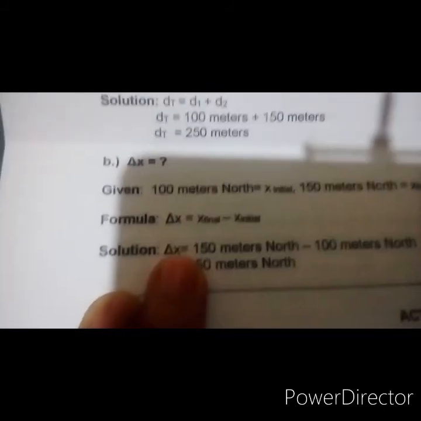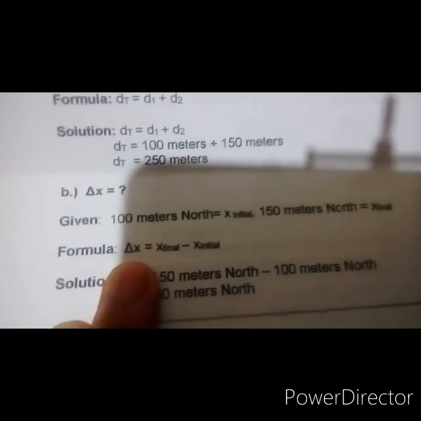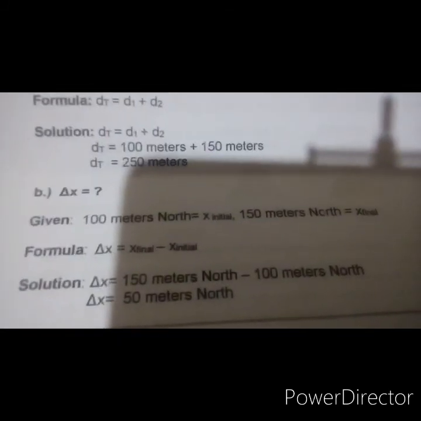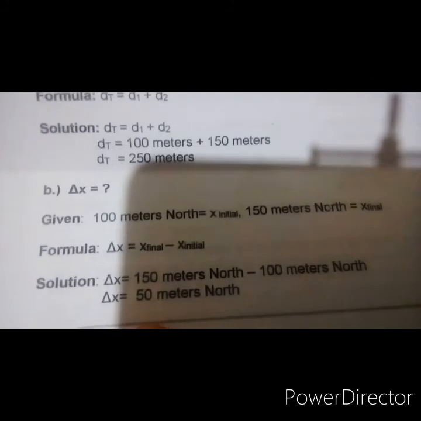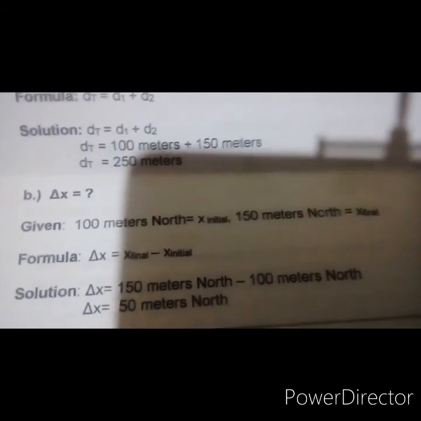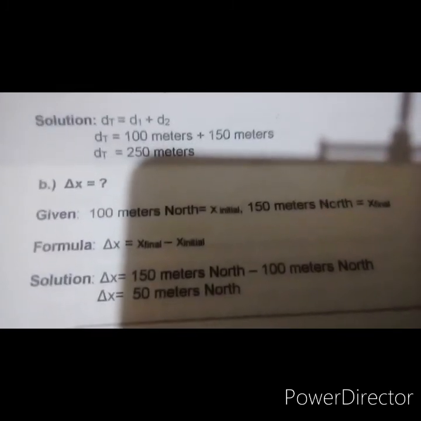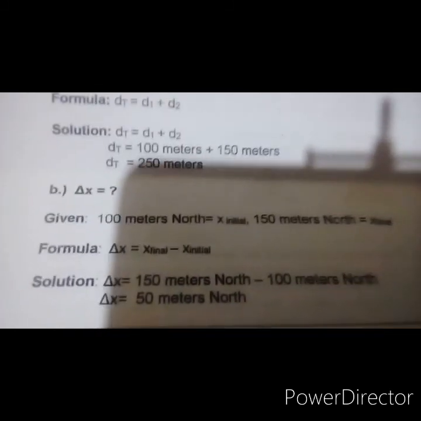So, for the formula, we have change in position, or the displacement, is equal to final position minus the initial position. Then, substitute 150 meters north minus 100 meters north is equal to 50 meters north. So that's the displacement of the turtle.